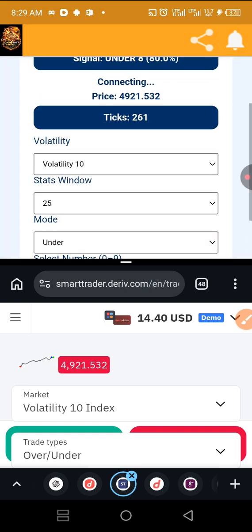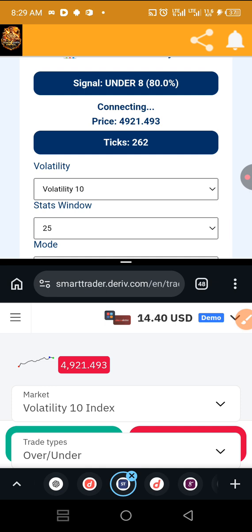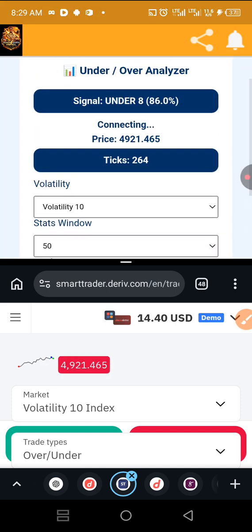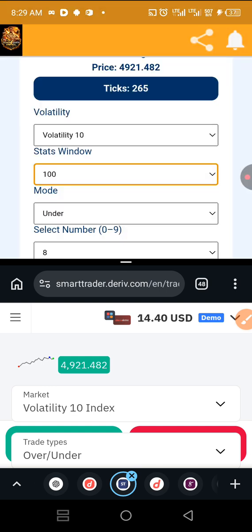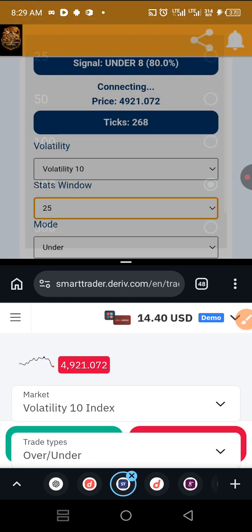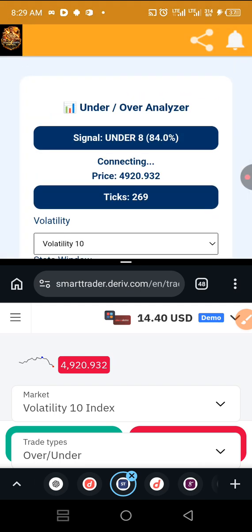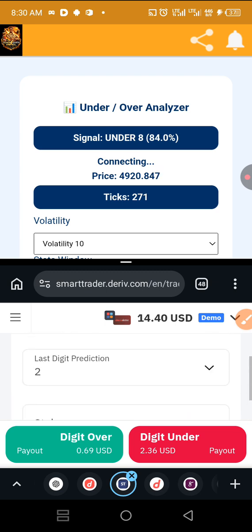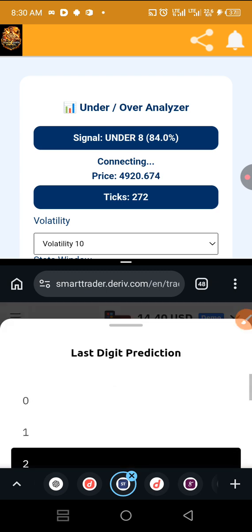So let's do under 8. So you see under 8 is 80% at 25. Let's check higher time frame, 50. 86% valid. 85% valid. 80% valid. So you have to go back to 25 to take short term trend. So all I have to do is switch to under 8.